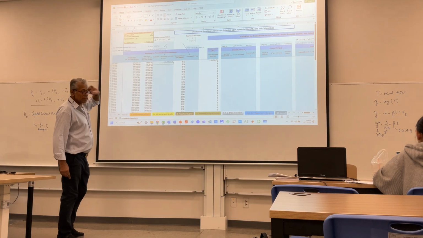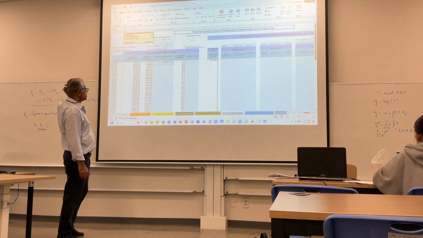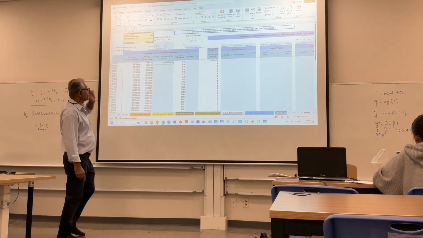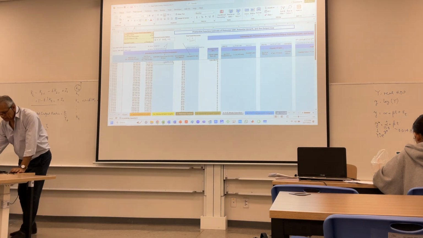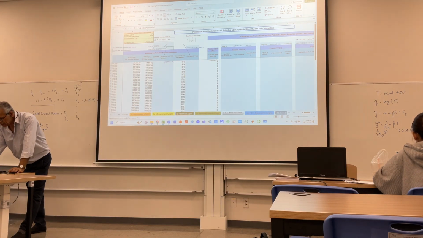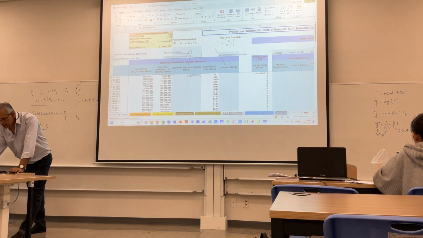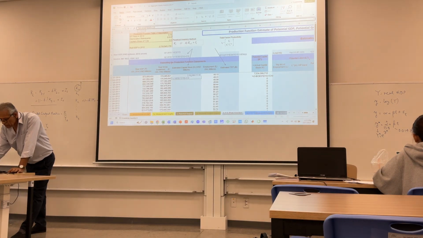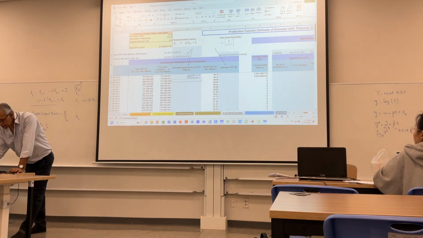So here we are assuming a rate of depreciation of 0.012, and if I copy the formula into the second cell here, then I can get the capital stock in the first time period.